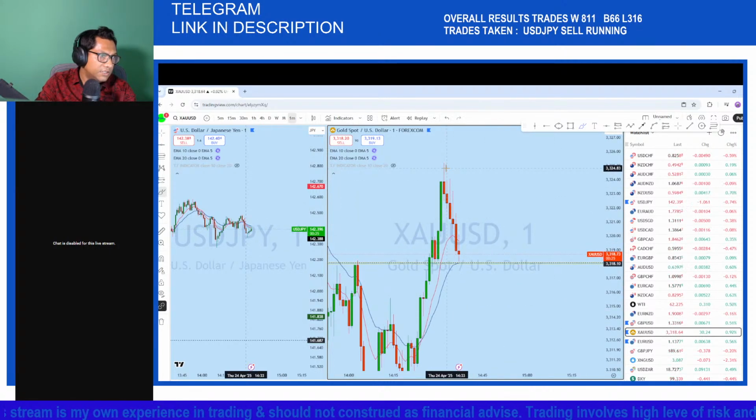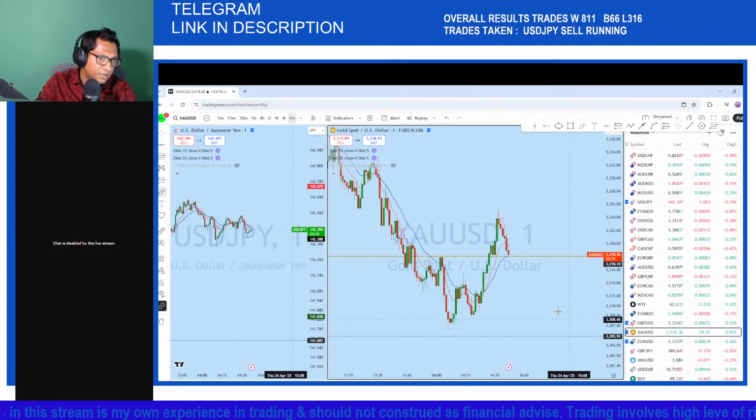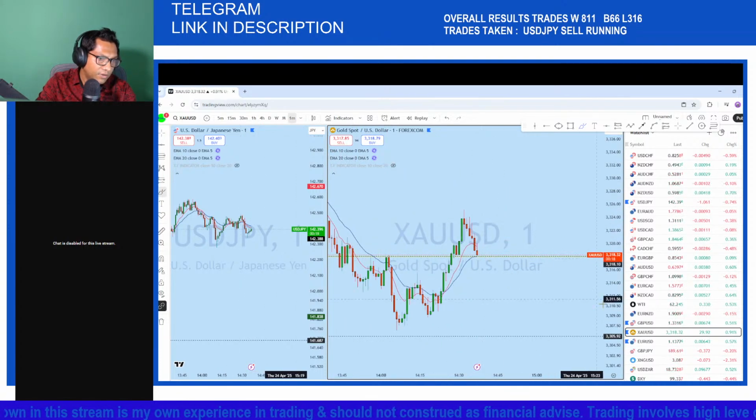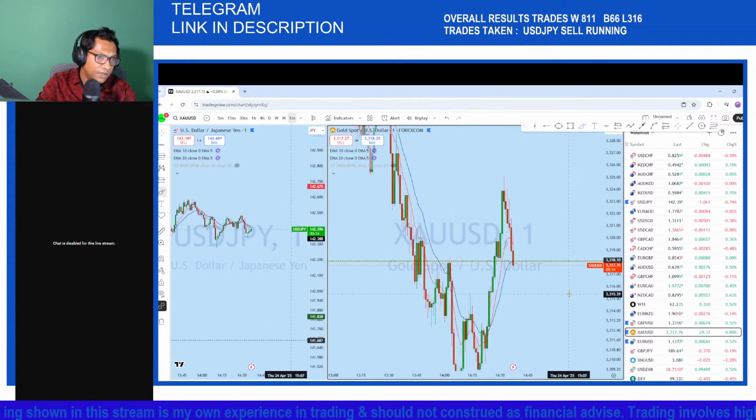As you can see, this is a 1 minute chart. It's all of them now red and hitting that key level. Key level means the lower time frame key level, not higher time frame.